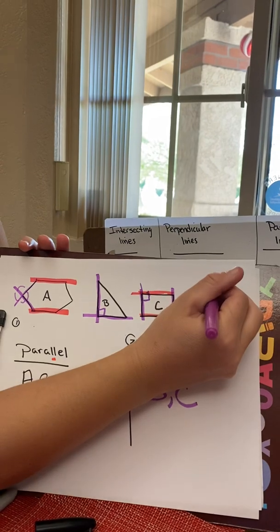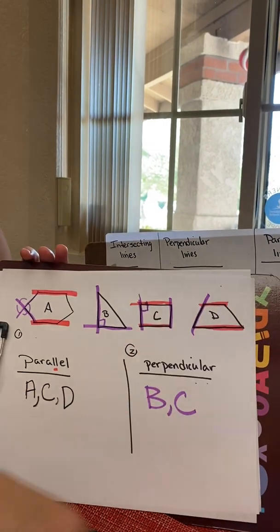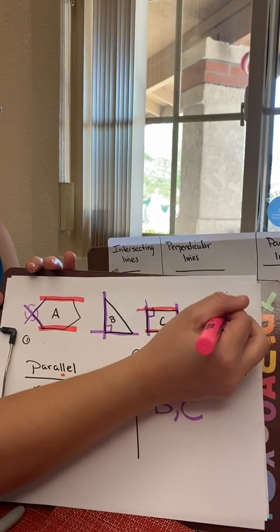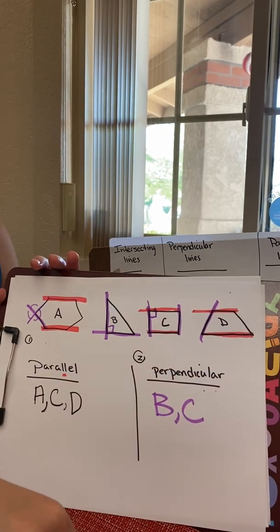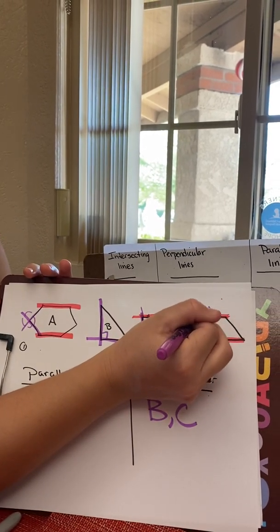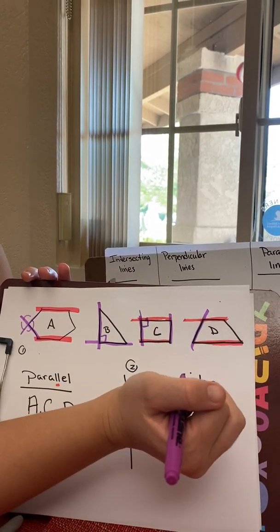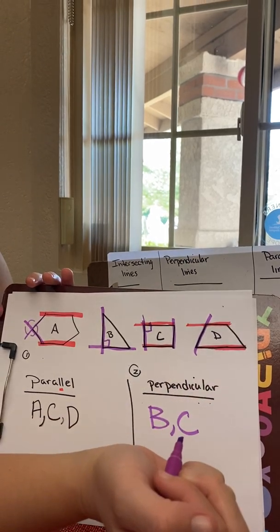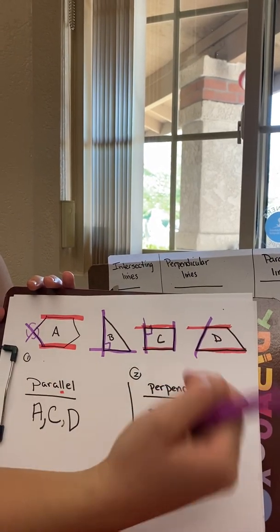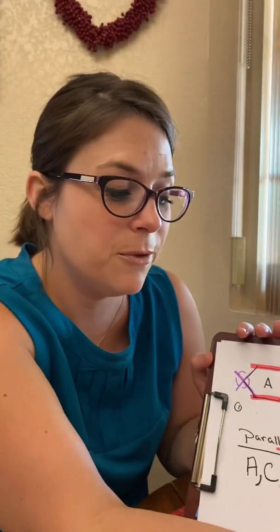Last one, part D. If I were to take my purple line and cross it there, and I were to look at this line right here, does it create anywhere a square? And the answer would be no. So D does not have anything that is perpendicular.